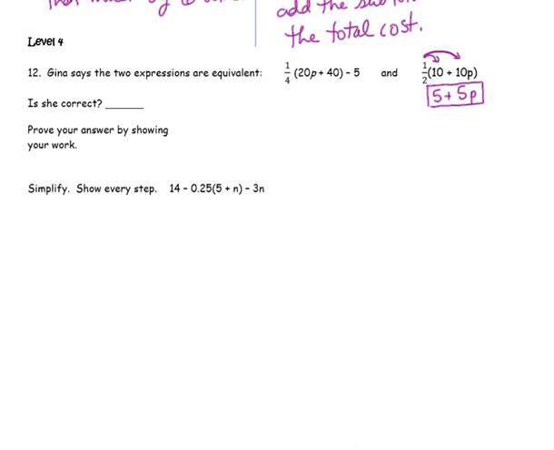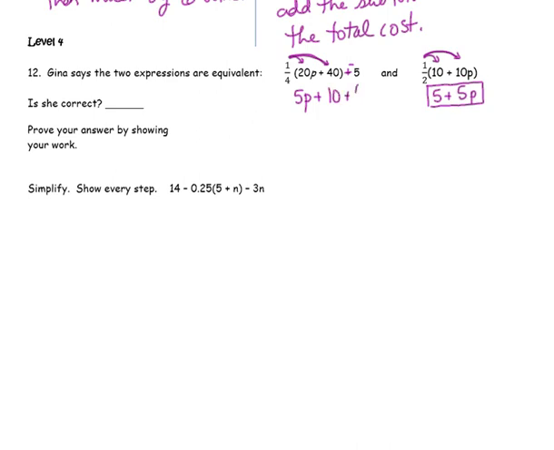For the next problem, I notice that I have subtracting 5, so I'm going to go ahead and change that to adding a negative. Next, I'm going to distribute the 1/4 to the first and the second term. 1/4 of 20p is 5p. 1/4 of 40 is 10.